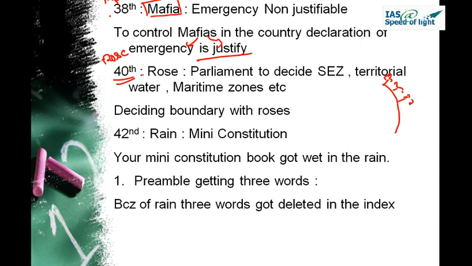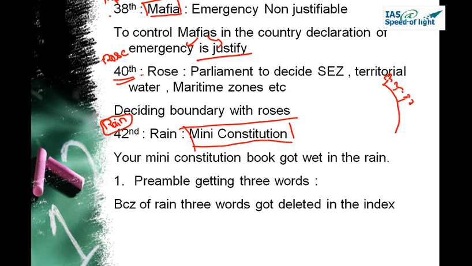42nd Amendment Act, and 42nd is 42, 4 is R and 2 is N, so it becomes rain. So this is a very important Amendment Act which is also known as the mini constitution. Now what you have to think is it's raining outside, and you're having your small booklet or mini constitution book, small book.